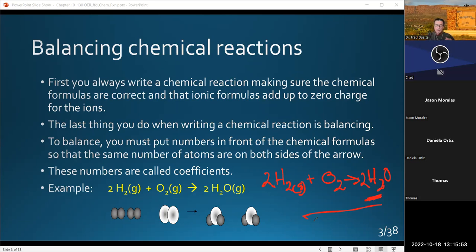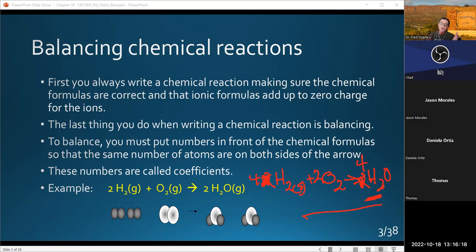Now, in doing that, you might end up with numbers like, instead of what I got here, maybe you did 4, and you did 2, and you did 4 right here. Now, if you do the count, you'll see that, yeah, they're balanced. You got 8 hydrogens on the left side and 8 on the right side. You got 4 oxygens on the left, 4 on the right.